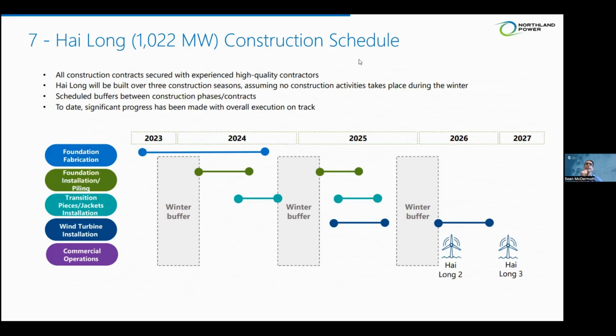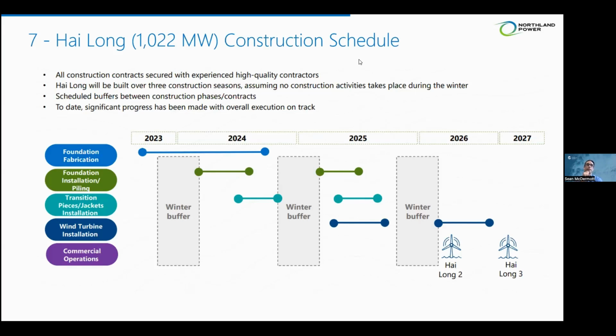Taiwan is a unique jurisdiction with some permitting and procurement requirements, but this shows, and this is a public document, our construction schedule for the Hai Long project across some of the primary installation packages.